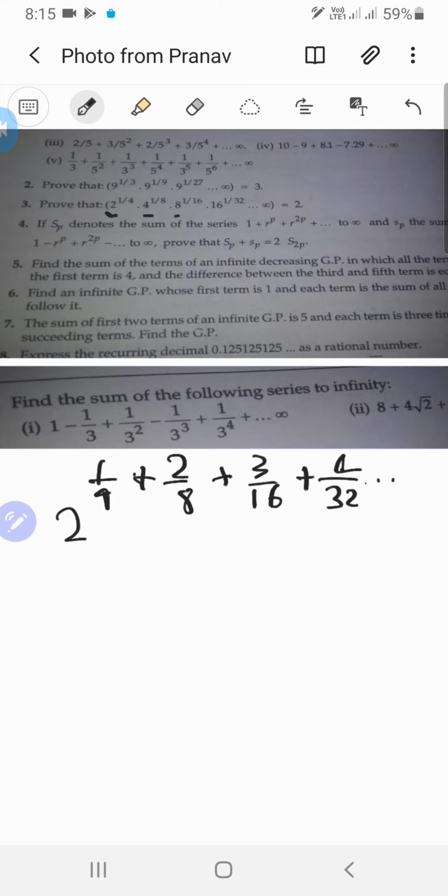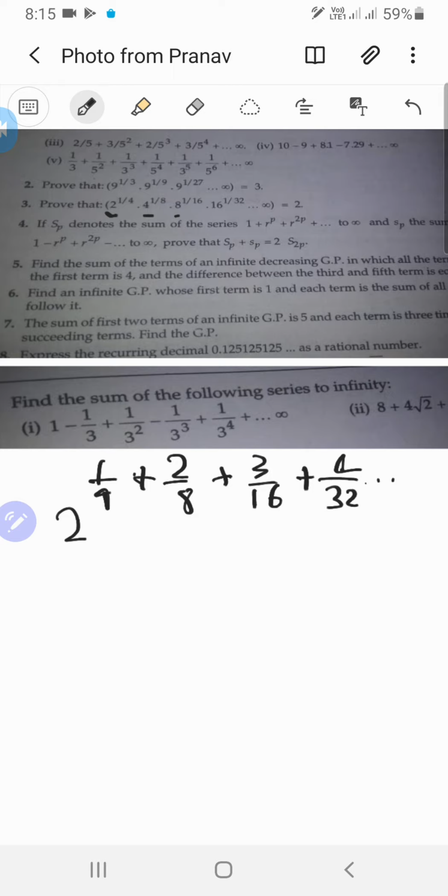Well, this is weird. 1 by 4 plus 2 by 8 plus 3 by 16. This does not seem like it has any kind of common ratio. Yeah, every time we are going up by 1 by 2.